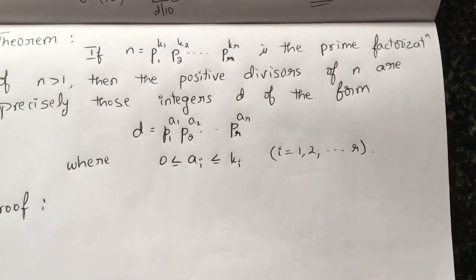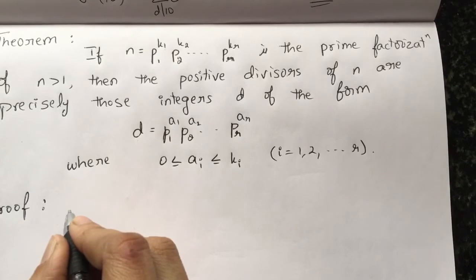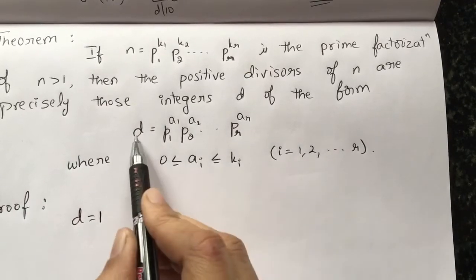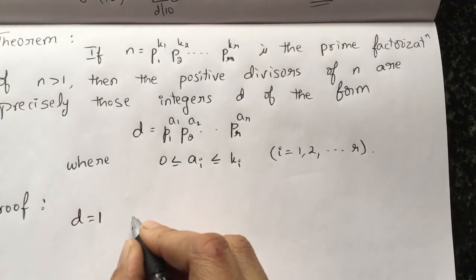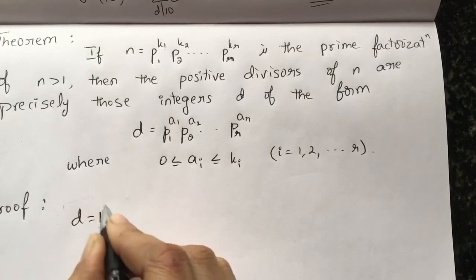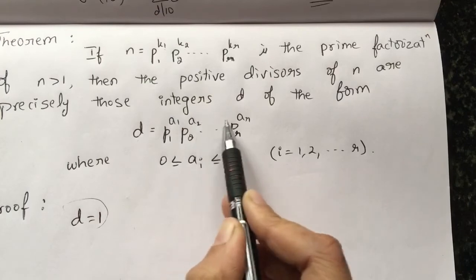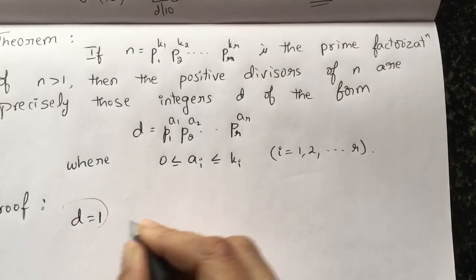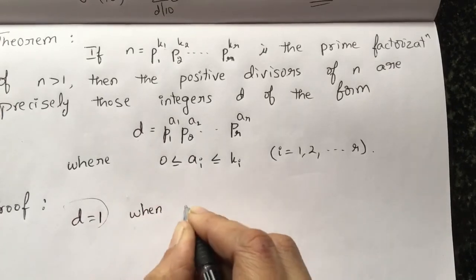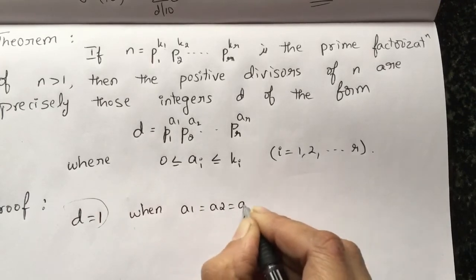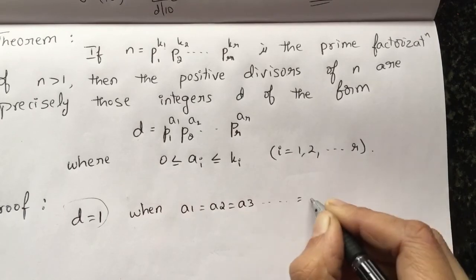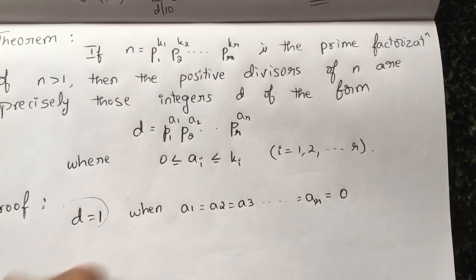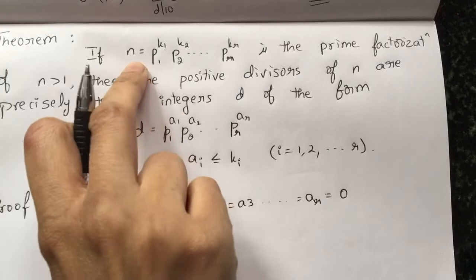When d is 1, this is possible only when a1, a2, up to ar are all zeros, that is, a1 equal to a2 equal to a3 up to ar equal to 0.